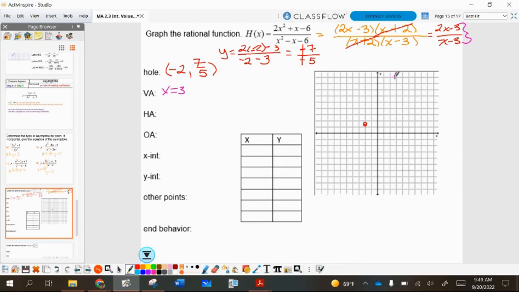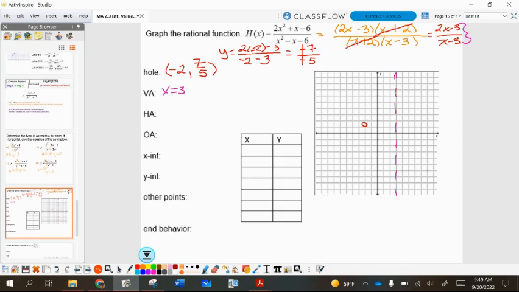So I'm going to go ahead and sketch that in. And I'm going to redraw that hole so that it's clear that that's open. Okay, it's a little big, but no problem.